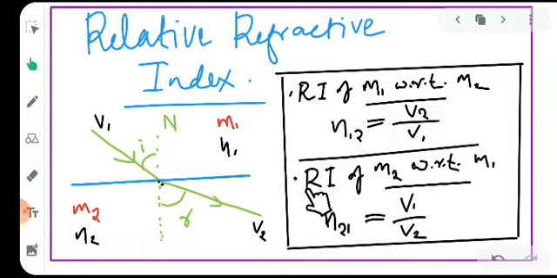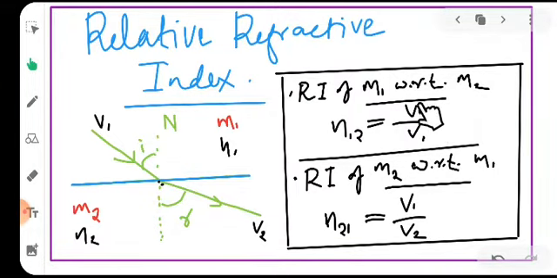Similarly, we can do the reciprocal of this, that is the refractive index of material 2 with respect to material 1, and in its notation it looks like this: the refractive index of material 2 with respect to material 1 equals velocity in material 1 over velocity in material 2.